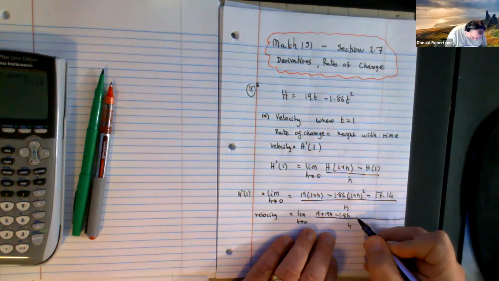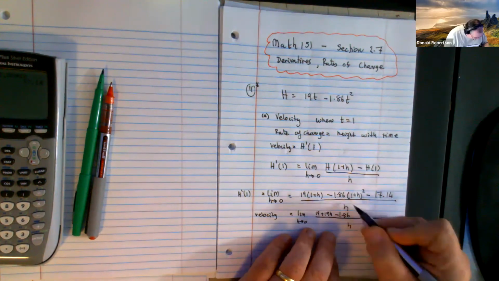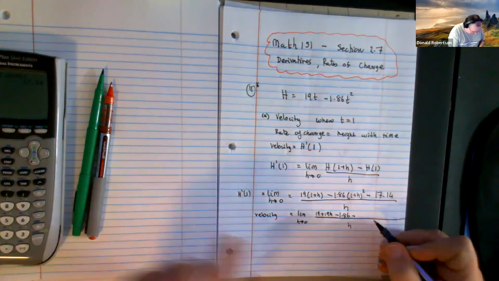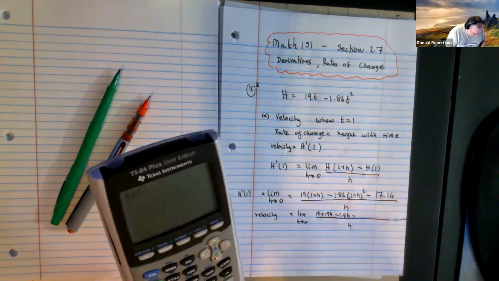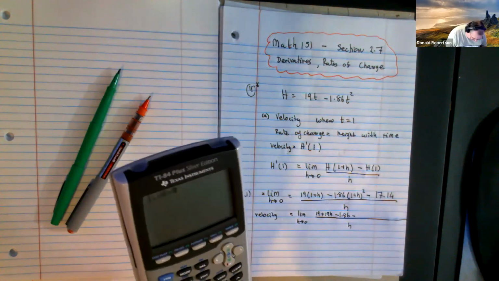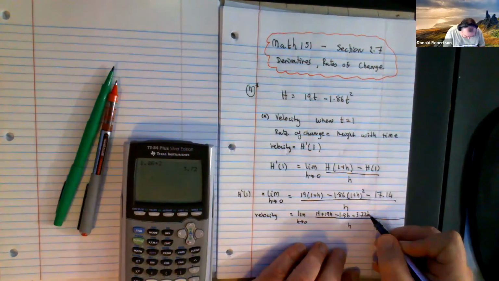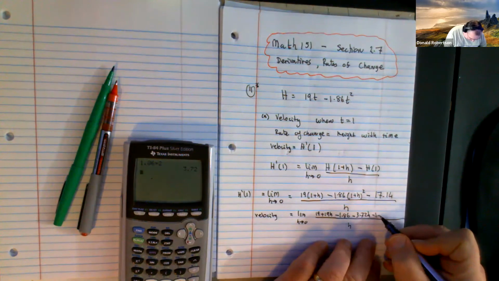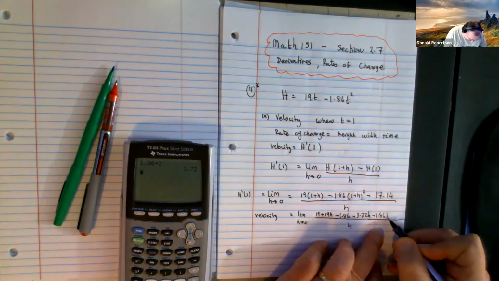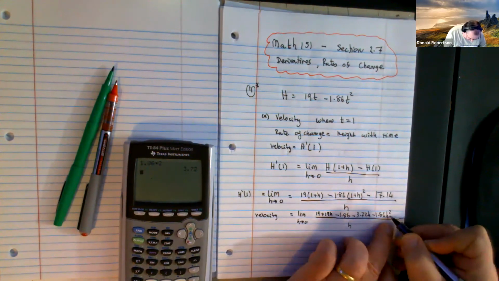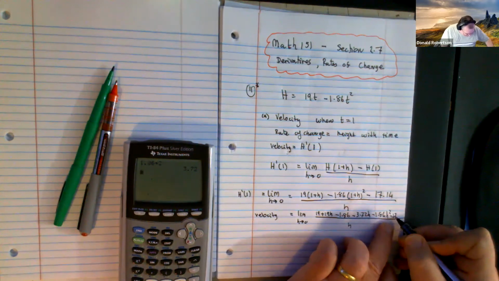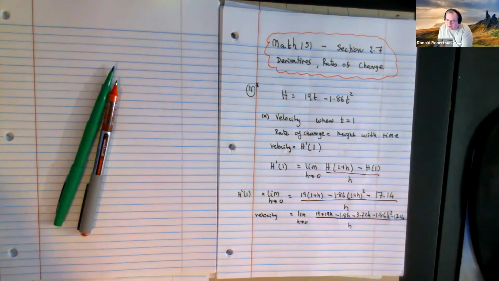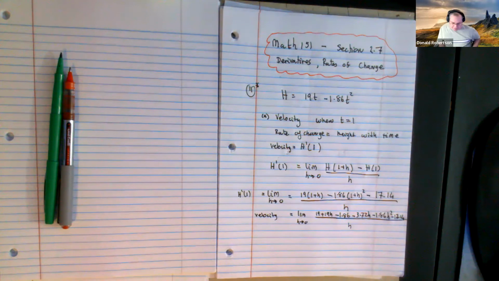Then 2h times that gets you negative, I can't do that in my head, or at least I don't want to, 1.86 times 2 is negative 3.72h, and that times h squared gets you negative 1.86h squared, and just enough room for the negative 17.14. Scarily ugly, but really mathematically just the same as every other situation.